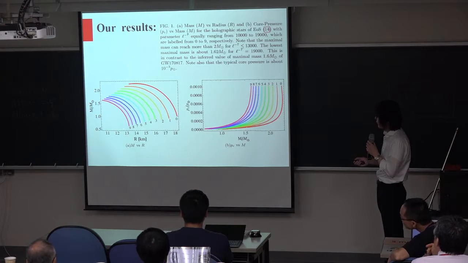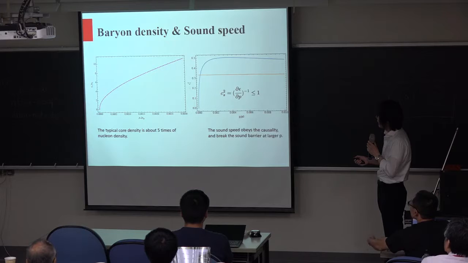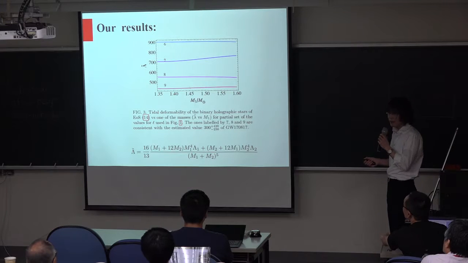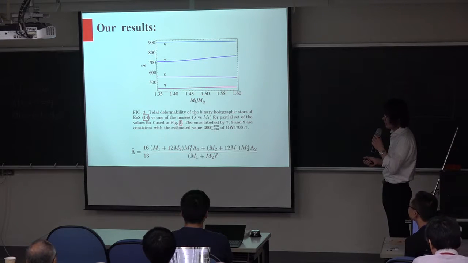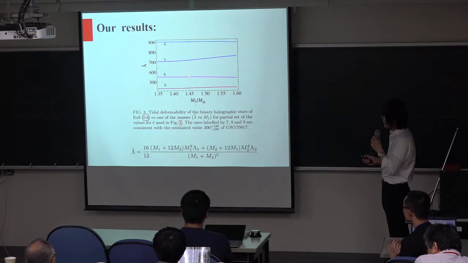It means that if we need to satisfy this tidal deformability, we need to sacrifice our highest masses: we cannot reach two solar masses at the same time when we satisfy this tidal deformability.